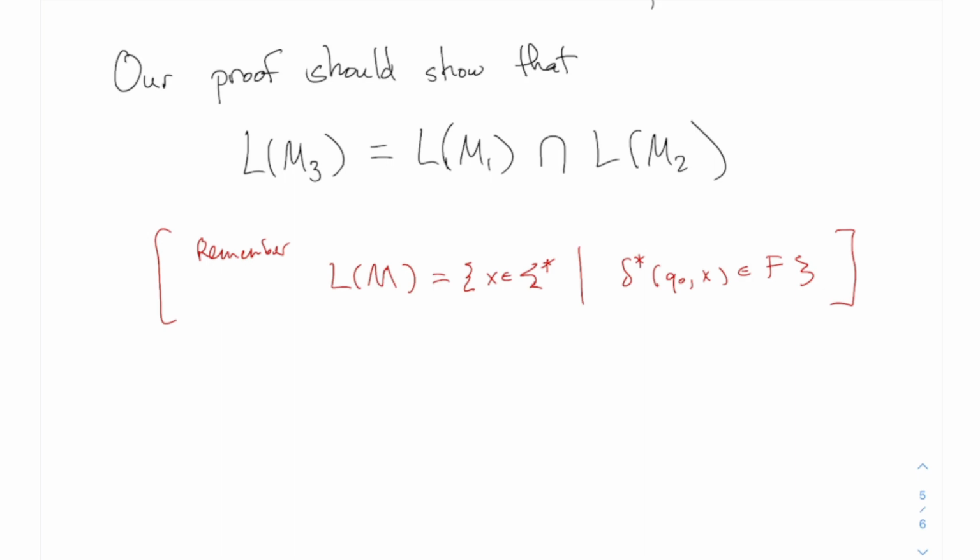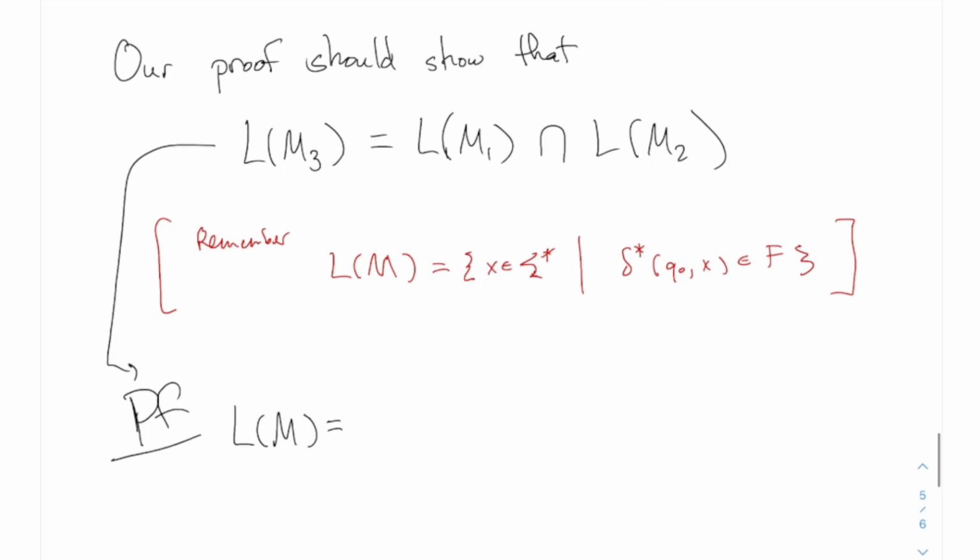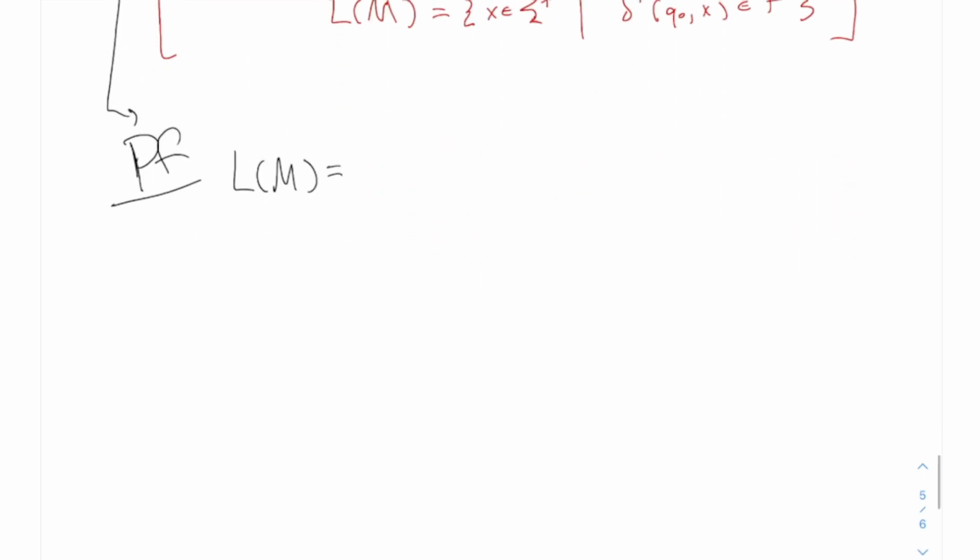So let's see if we can do this. Proof. I'm just going to start on one side of the equal sign and try to rewrite and simplify until I get the thing on the other side. Let's start on the left side. L of M equals. The whole proof is really just going to be a bunch of equalities where we rewrite the set and eventually end up with what we're looking for, the intersection.